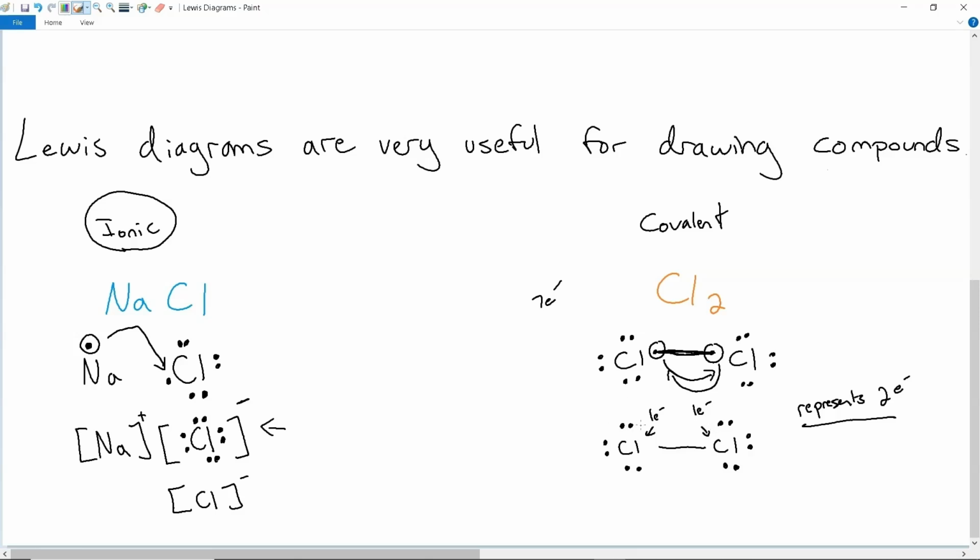That's why if I counted all of the electrons on an individual atom, it will still make sense. Because here I have 6 dots plus 1 electron in my line for this first chlorine, and I have the same thing here, 6 electrons and then 1 electron being shared in the line for this chlorine. So that looks good.